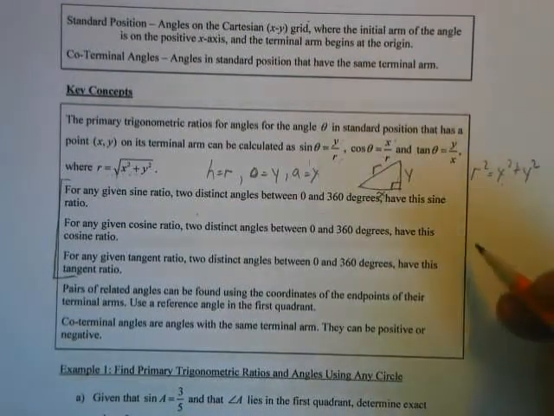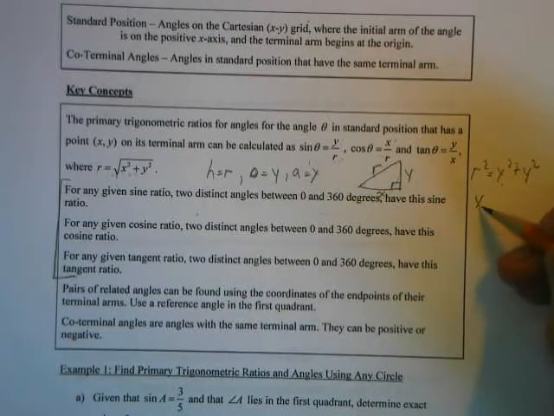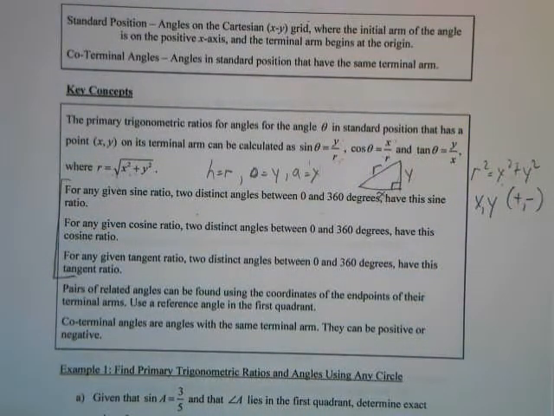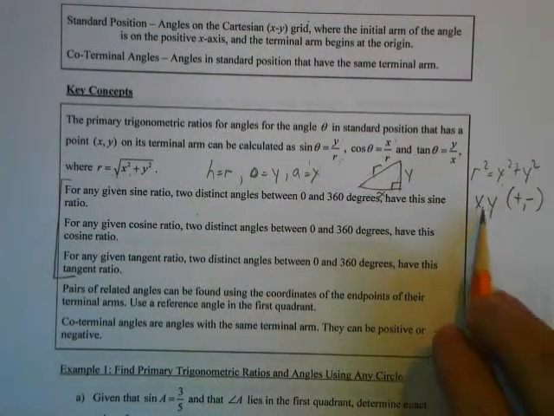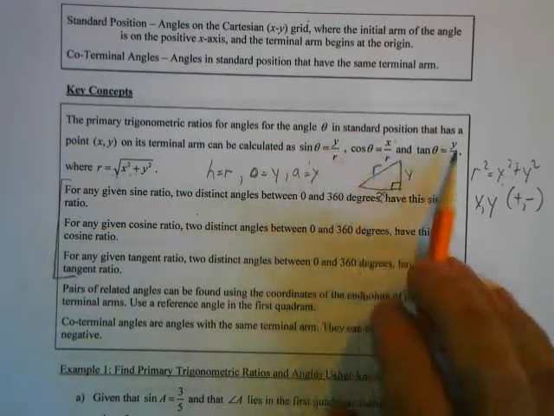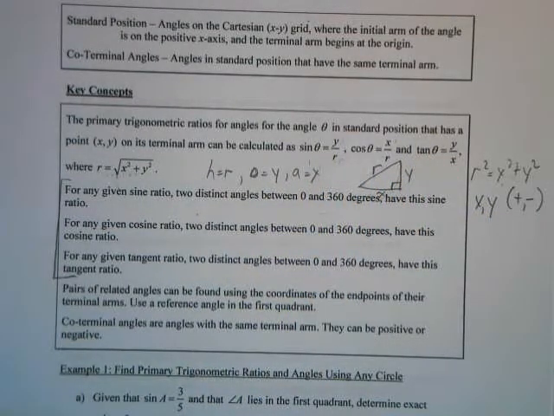So x and y can be positive or negative. And that's important to know, because before we were thinking, and the triangles, they all had to be positive, but that's not the case anymore. So x and y can actually be positive or negative, and that's going to open this up to have some negative sine and cosine and tan ratios.